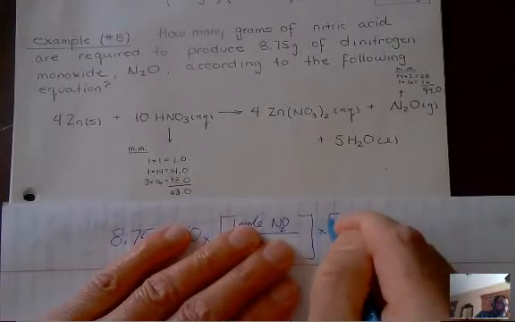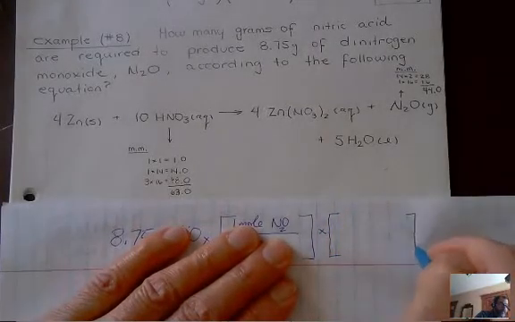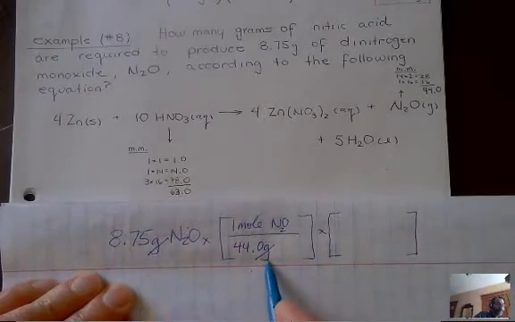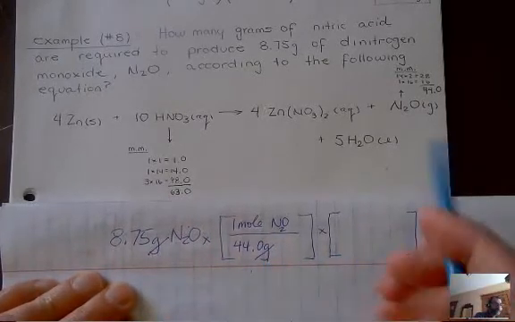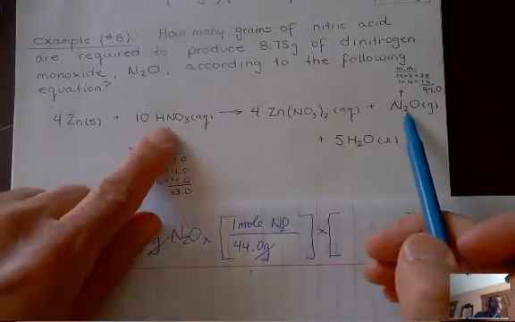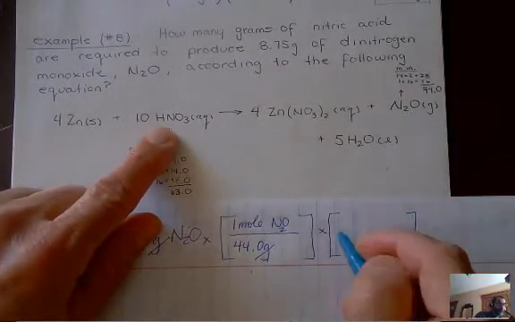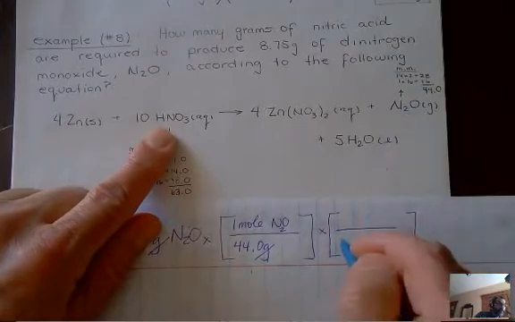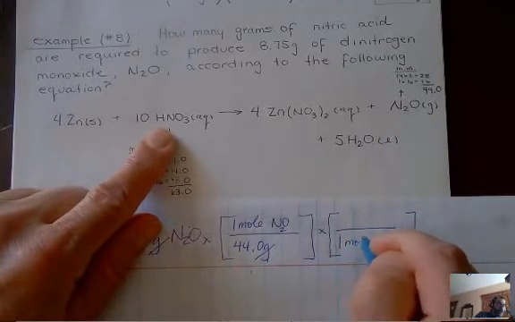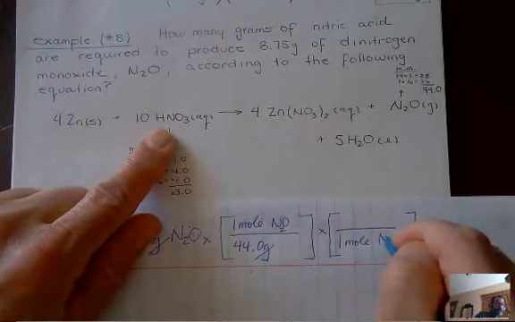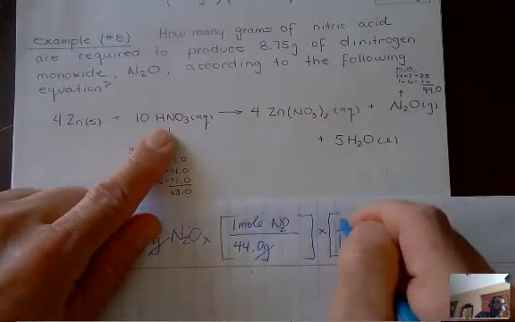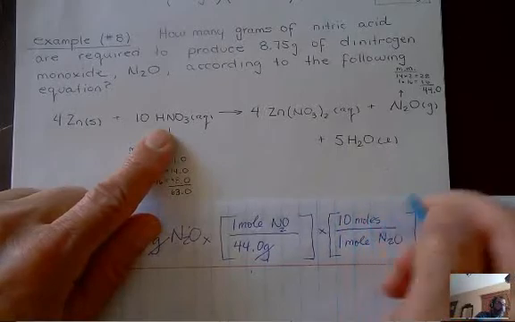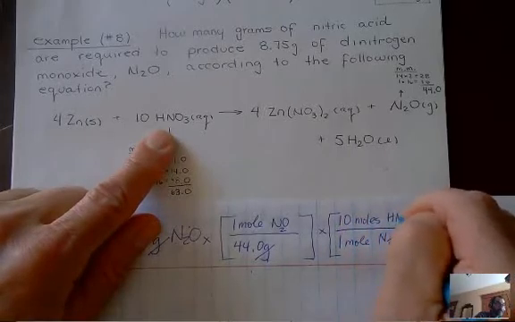Keep going. The middle step. First you go from grams to moles. Then you go from moles of one substance to moles of another. Here they are. There's my 2 substances. For every 1 mole of N2O that comes out, there must have been, wow, 10 moles of nitric acid.